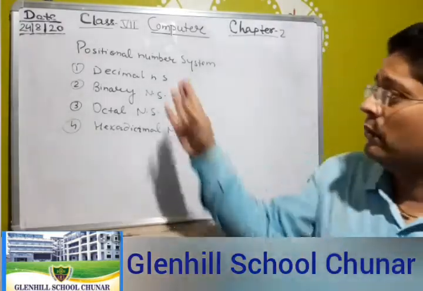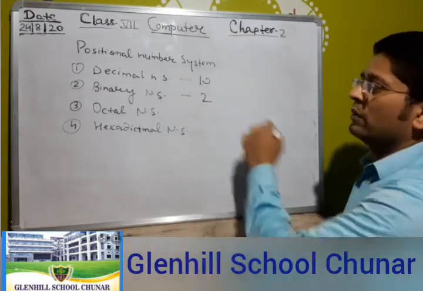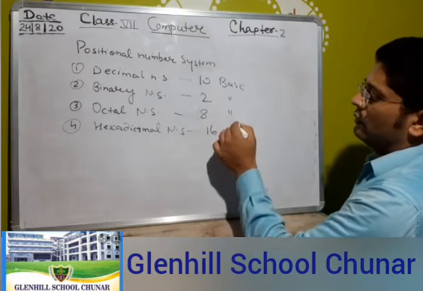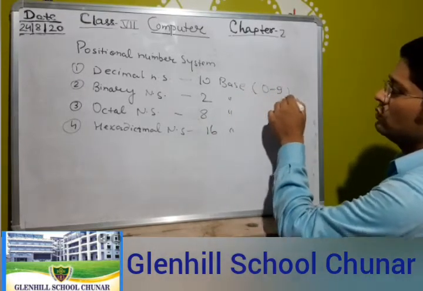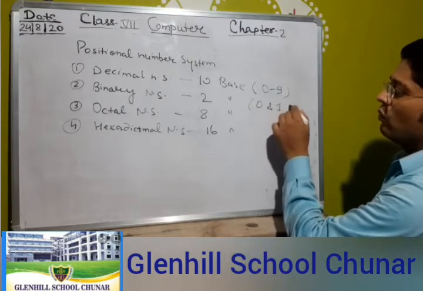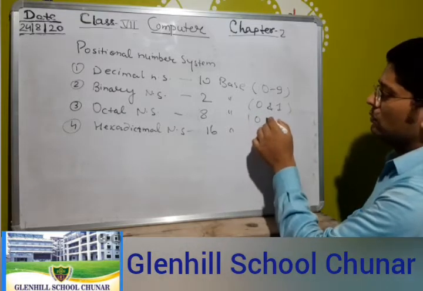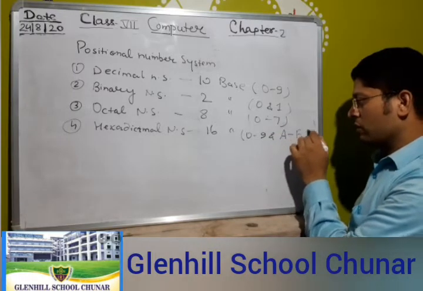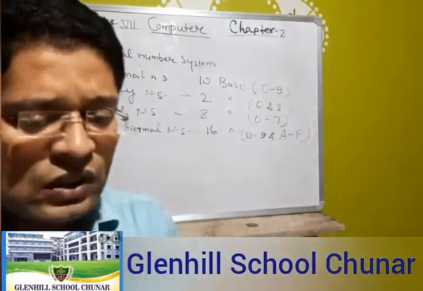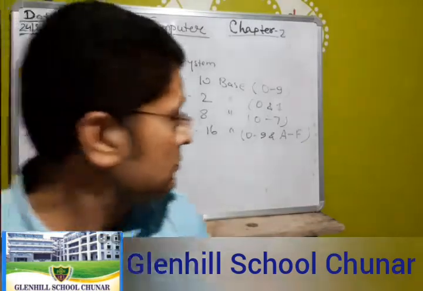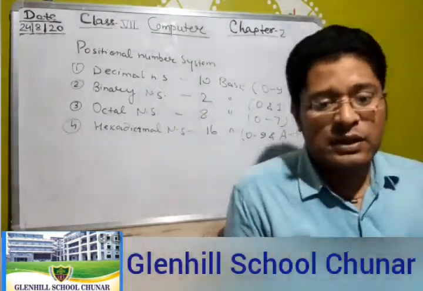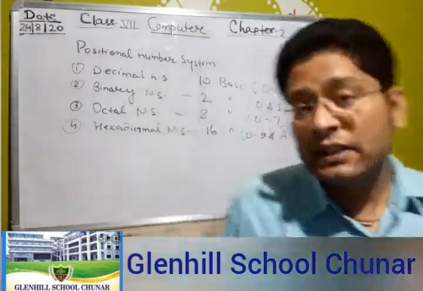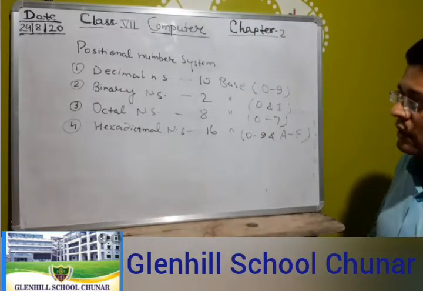Decimal has the digits 0 to 9, so its base is 10; binary has base 2, octal has base 8, and hexadecimal has base 16. Binary uses 0 and 1 only, octal uses 0 to 7, and hexadecimal uses 0 to 9 and A to F. So the octal number system is the base 8 number system and uses the digits from 0 to 7.